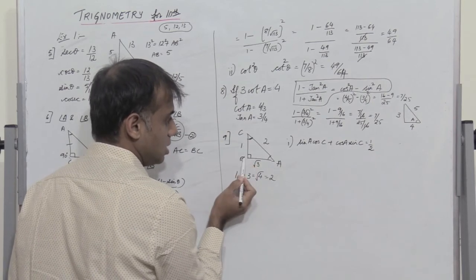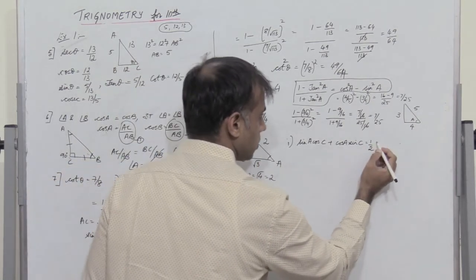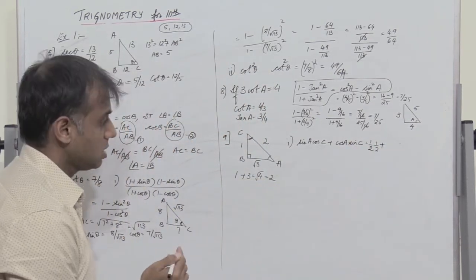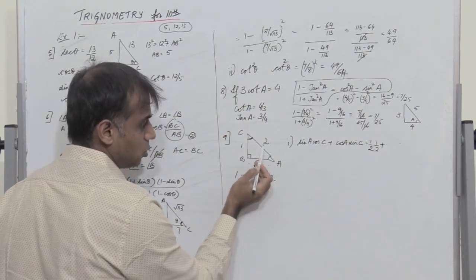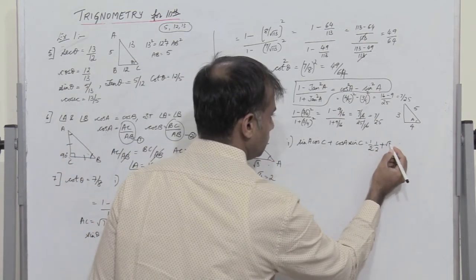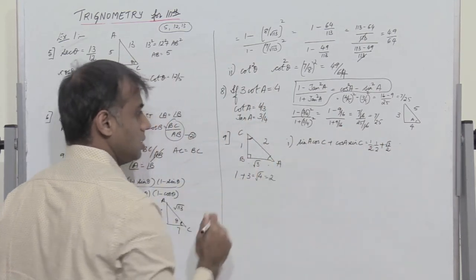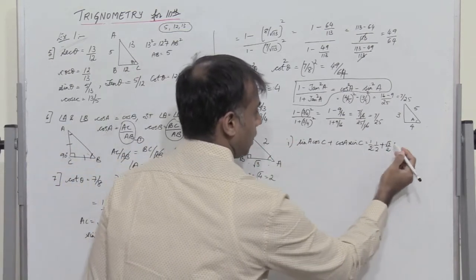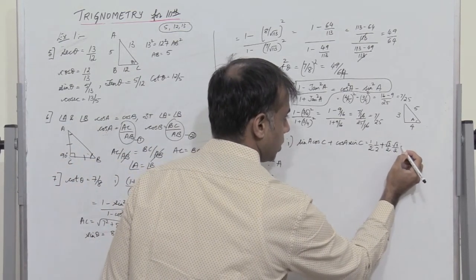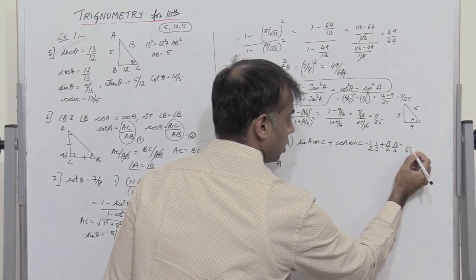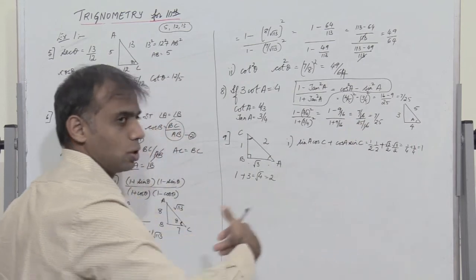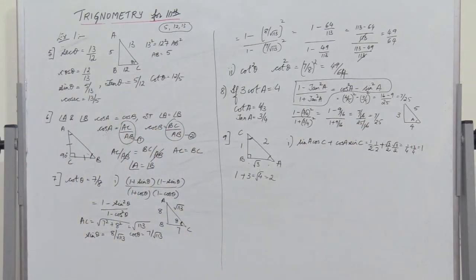Cos is adjacent side by hypotenuse, which is 1 by 2, plus cos A. Cos A is adjacent side, which is root 3 by 2. And then sine C. Sine C is the opposite side of C, root 3, by hypotenuse, which is again 2. So I get 1 by 4 plus 3 by 4, which is 4 by 4. So we get 1 as the answer.